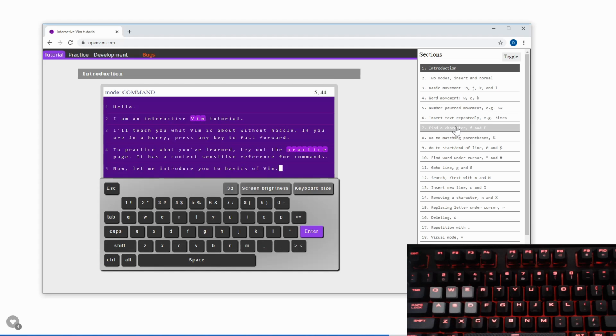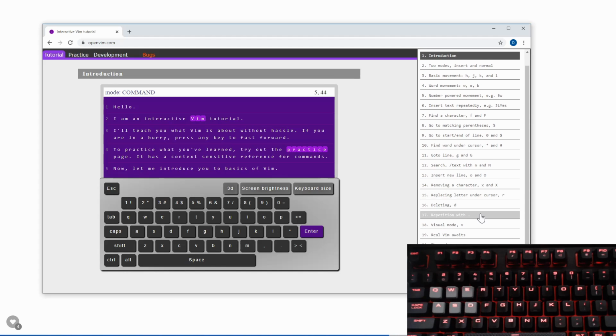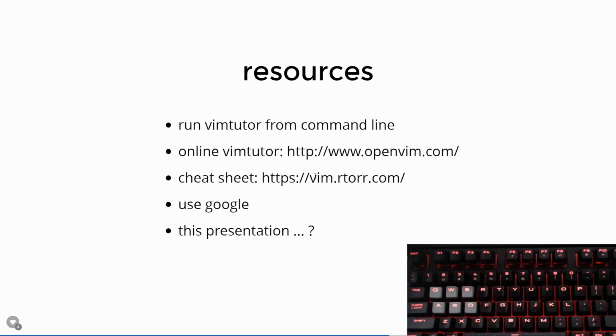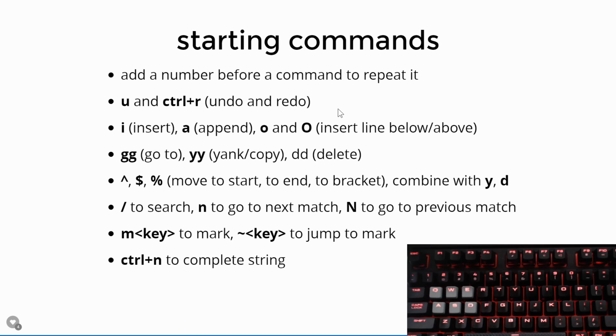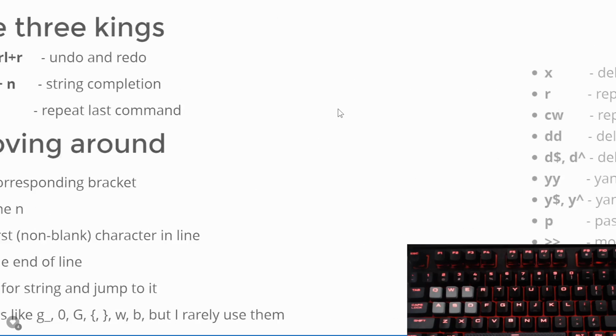Actually, find a character, F. So I'm sure even I can learn something from this tutorial. There's also a cheat sheet which has a list of all commands. You can also use this presentation, I guess. I put some stuff there that you can look at.